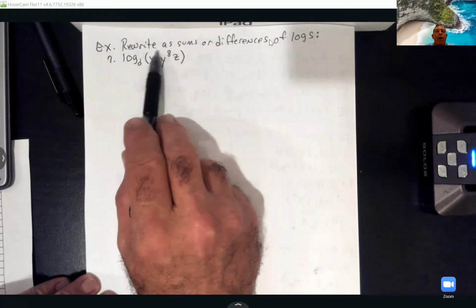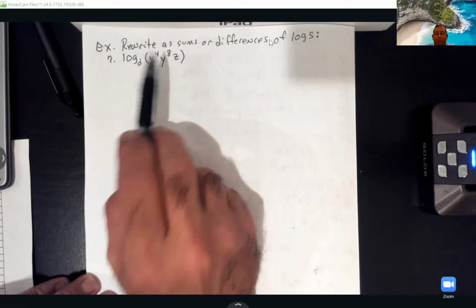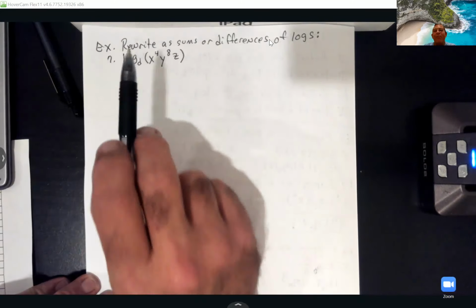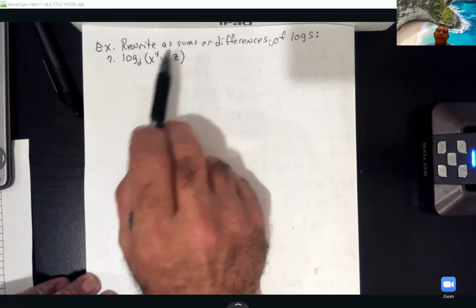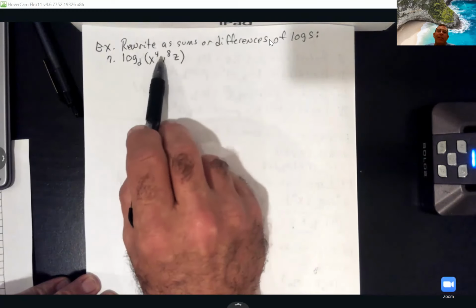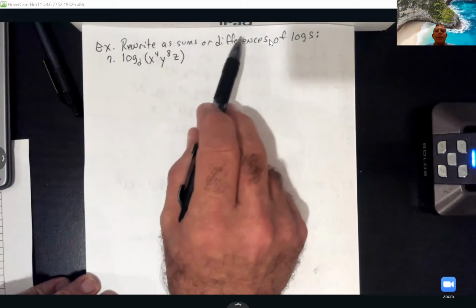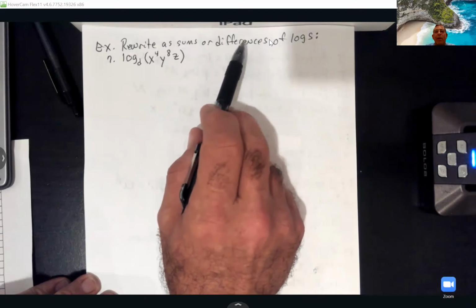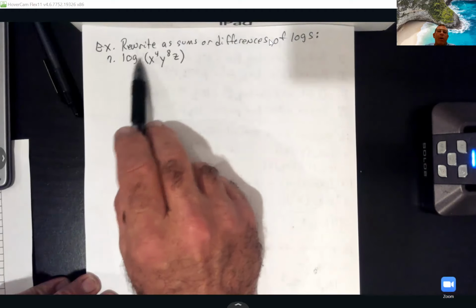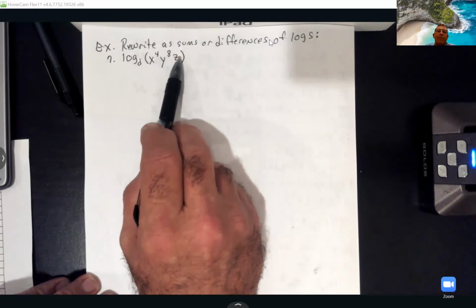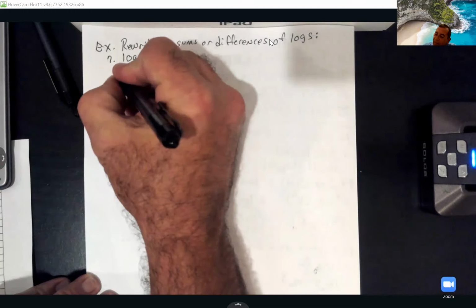When we had a product, we rewrote it as a sum. Remember, multiplication gets rewritten as sums, and division gets rewritten as differences. So we're going to distribute the log D to all three factors and put plus signs in between.